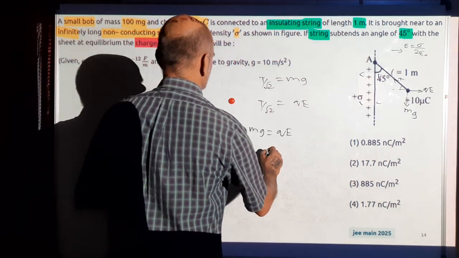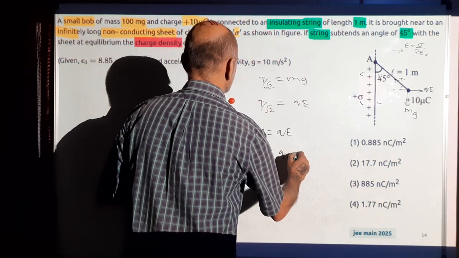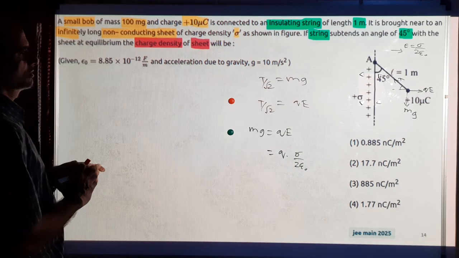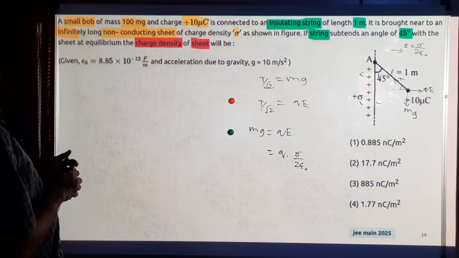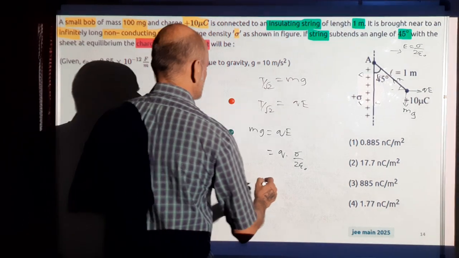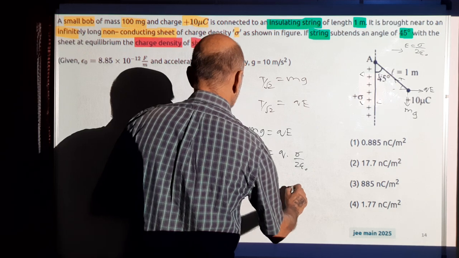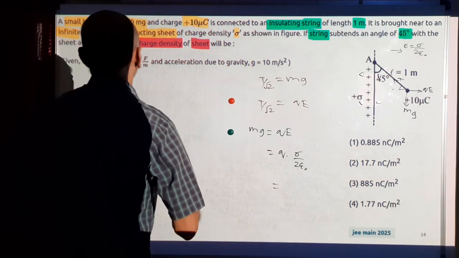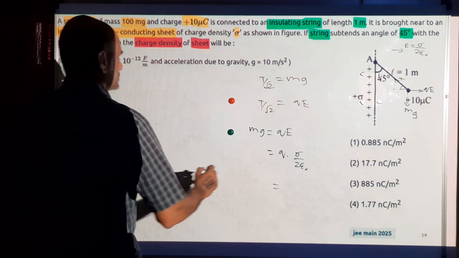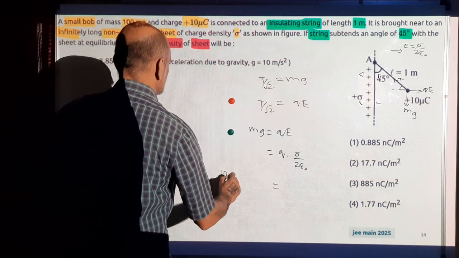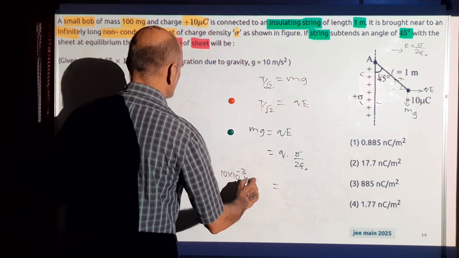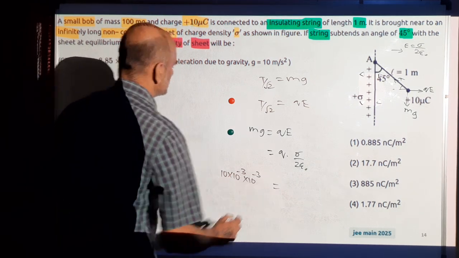So the electric field is sigma by 2 epsilon naught. Mass is 100 milligram. So milli to gram is 10 to the minus 3, and then gram to kg is another 10 to the minus 3.